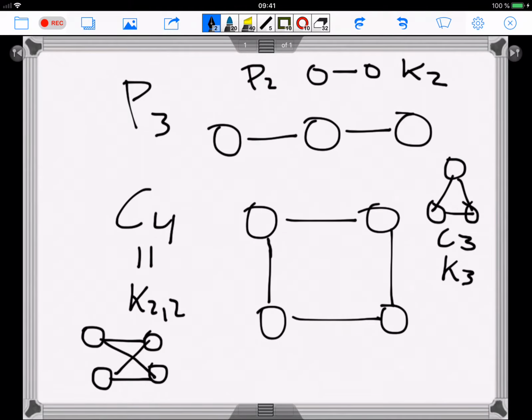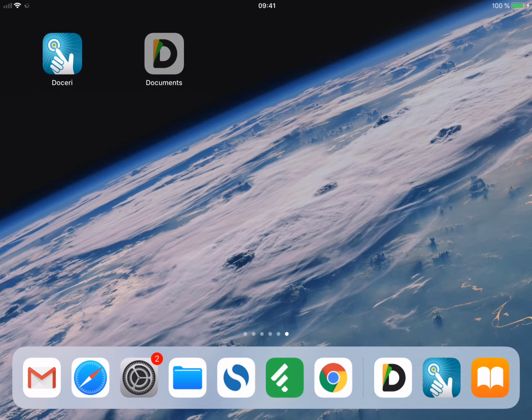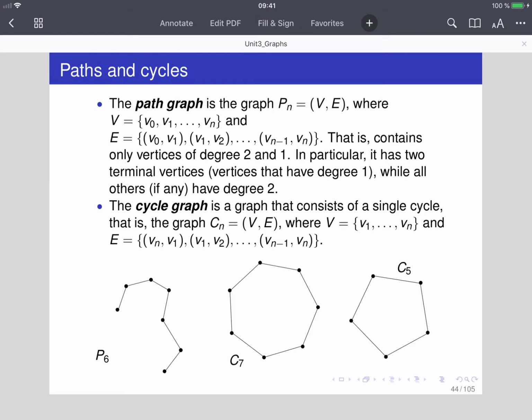Okay, so let's go back to the slide after these different examples and the definition, the general definition of a path and a cycle. So a path, P sub n, is a graph in which we have n vertices and we have edges that connect the first vertex to the second to the third, and so on.